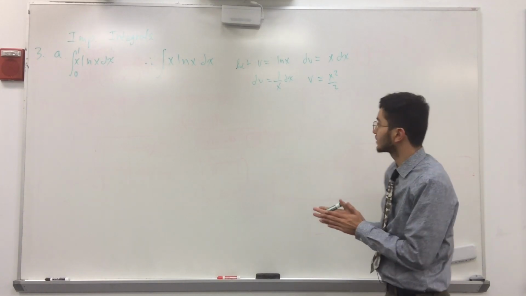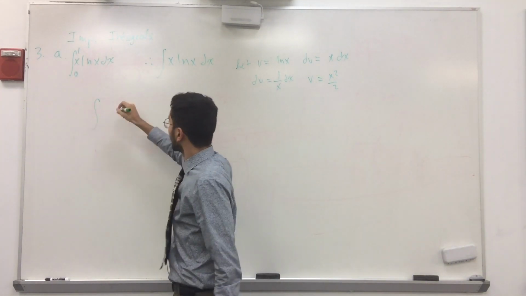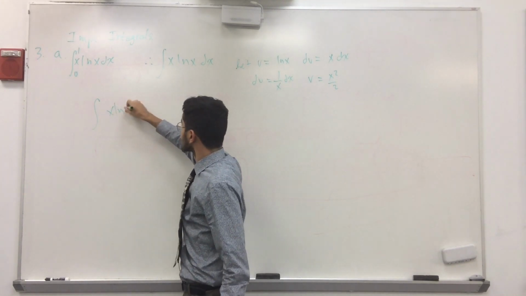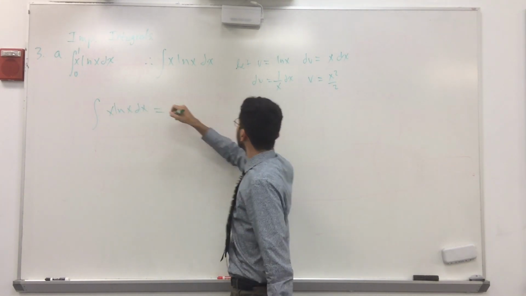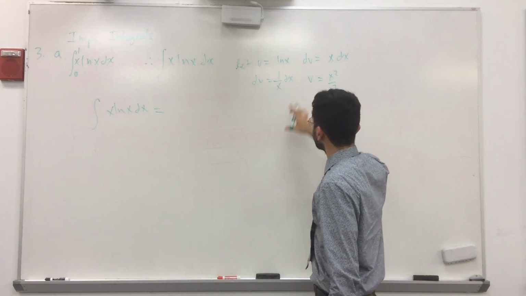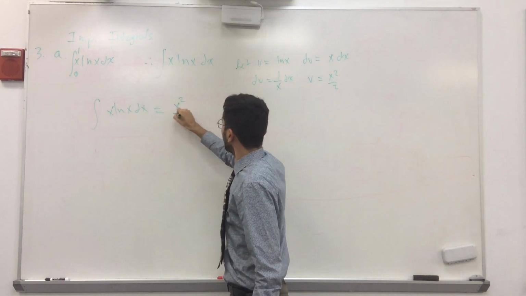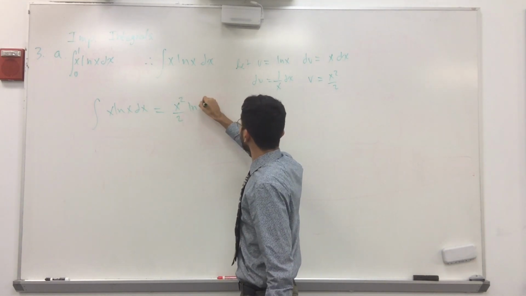So we're going to use integration by parts over here. The integral of x ln x dx is nothing but u times v. u is ln of x, and v is x squared over 2, so it's x squared over 2 ln of x.